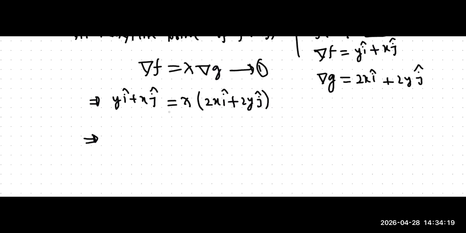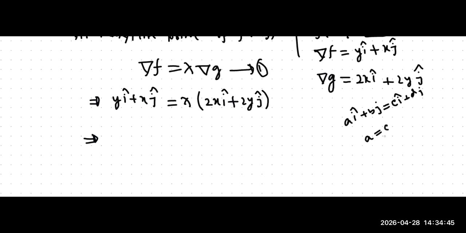So we know two vectors ai plus bj is equal to something ci plus dj. In this case, the component wise quantities must be equal. So component of i in the left hand side is a, must be equal to component of i in the right hand side, which is c.